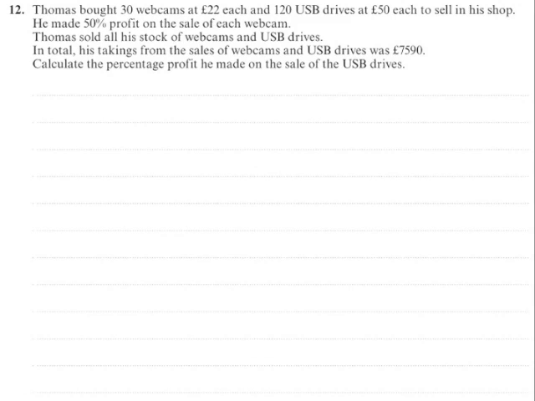So there's a bit of simple mathematics in here, although it does say about 50% profit. Now, if you go into company business, you'll know profit isn't a simple figure, but for the purposes of this GCSE paper, we're going to use a simple profit calculation.